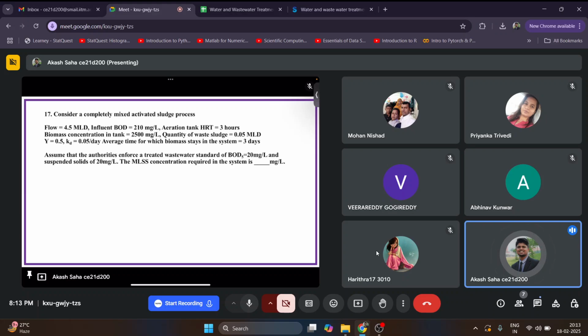Okay, again a direct question. So here also all the parameters are given: flow, influent BOD, HRT, biomass concentration, everything is given. You have to find out the MLSS. So a similar problem we have done just a few questions back. So the same formula is applicable. A little change will be there only, and you can find out the answer. So please calculate and let me know the correct answer. I will wait for some time.